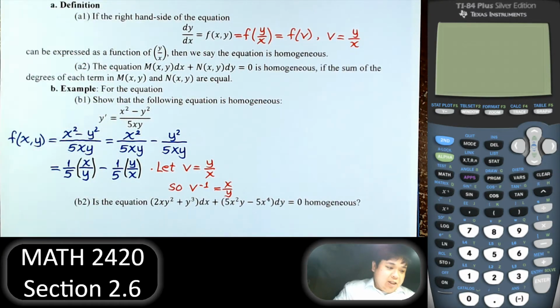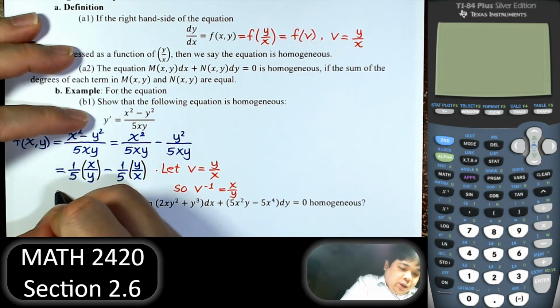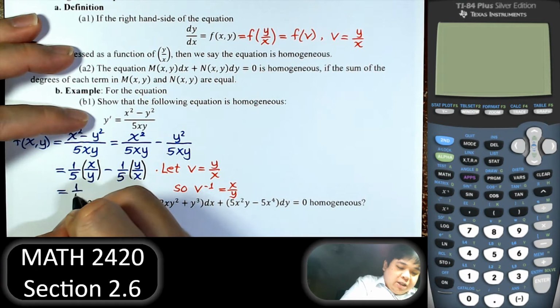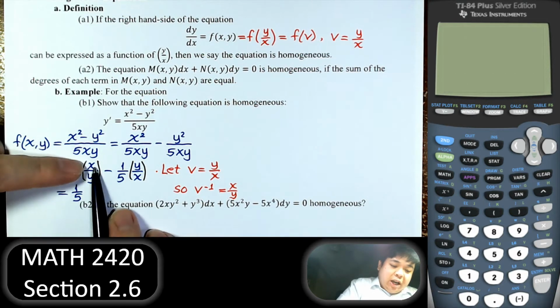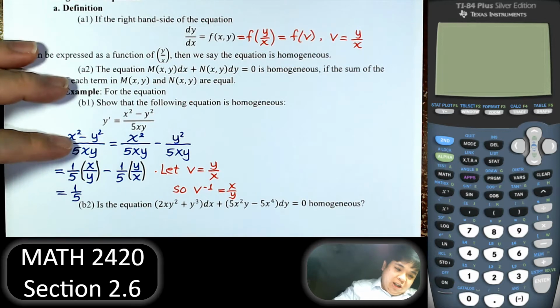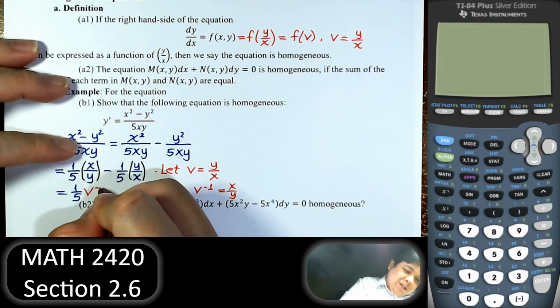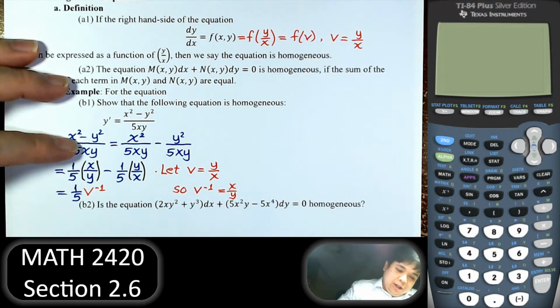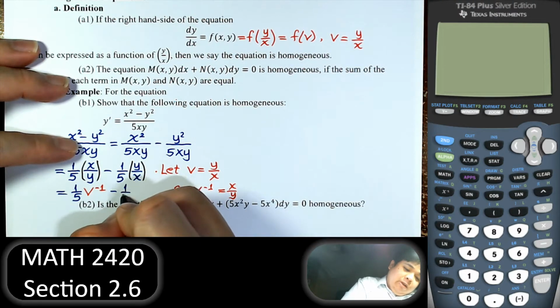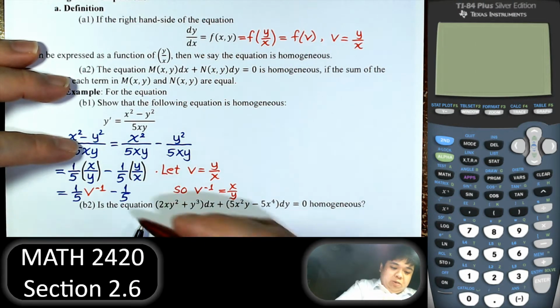So in that case, this equation can be written as x over y, which is v to negative 1, and minus 1 over 5 y over x is going to be v.